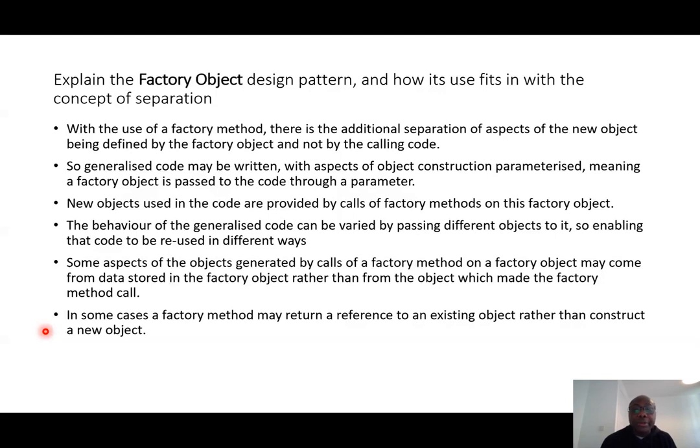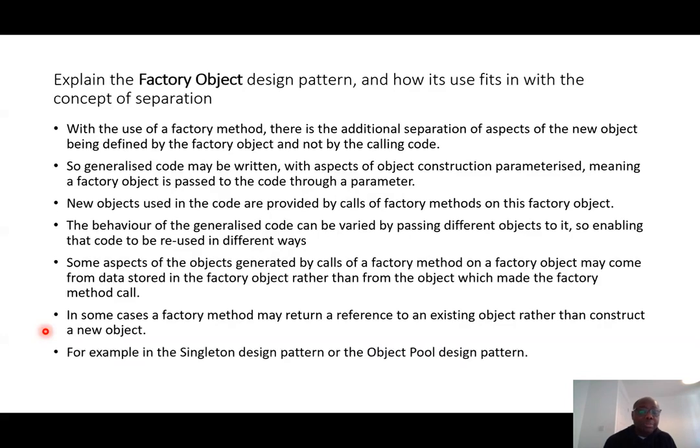Like we said, if you have aliases which reference one another, you can create variables of the constructor of the factory class itself, and the method itself, so you can pass it as a reference. For example, in the singleton design pattern or the object pool design pattern. In the singleton, we know as the name suggests, there is one, and for the object pool, many of them.